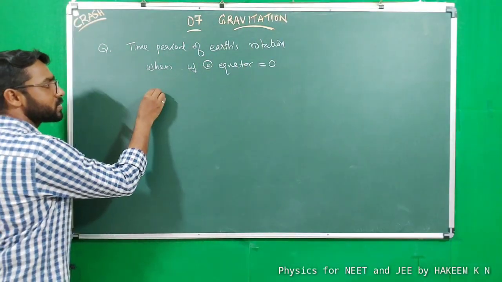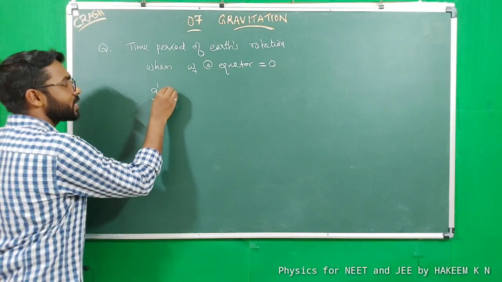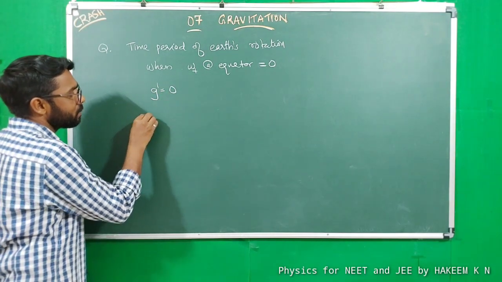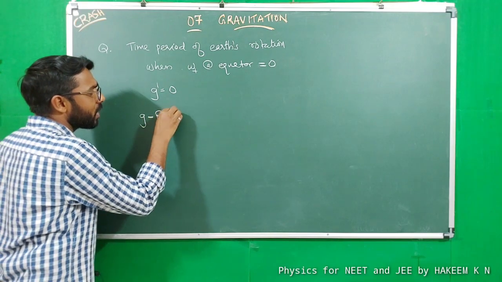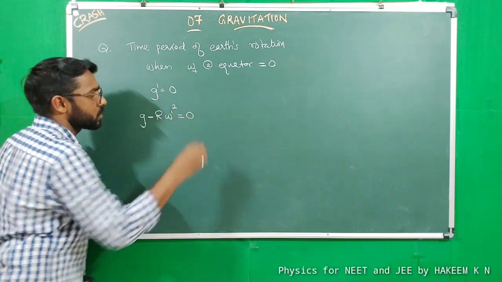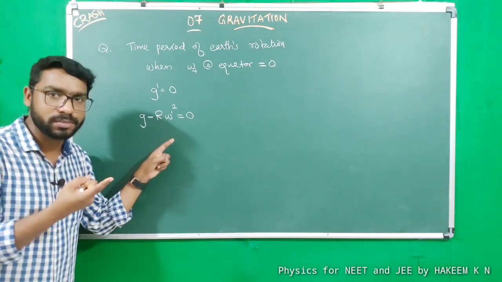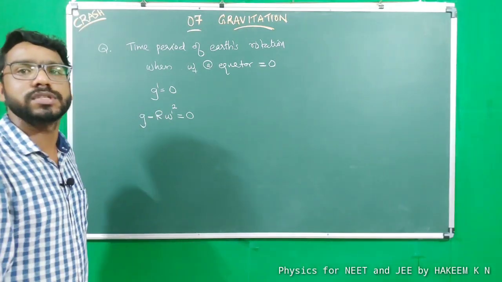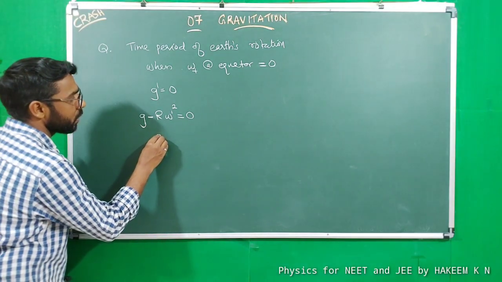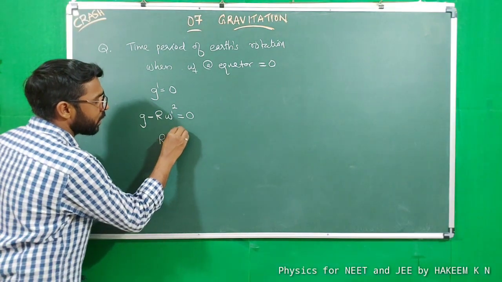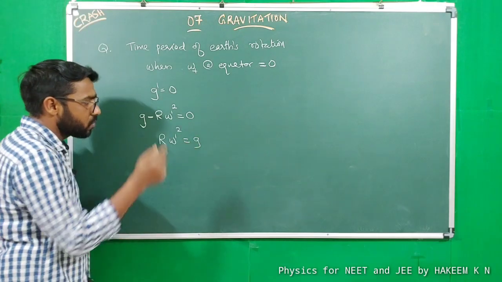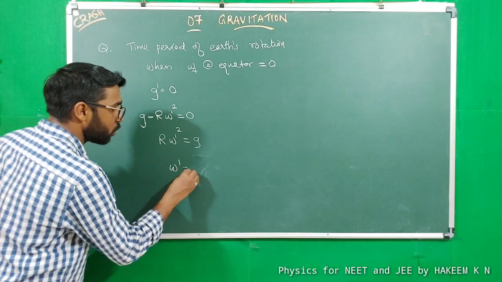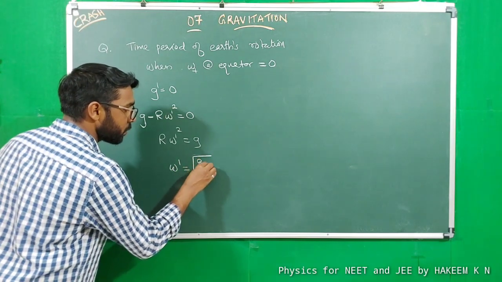Weight at equator equal to zero means g dash at equator equals zero. So g minus r omega dash square equals zero. Here I am writing omega dash because it is the new angular velocity of Earth's rotation. So we get r omega dash square equals g, omega dash square equals g by r, then omega dash equals root of g by r.